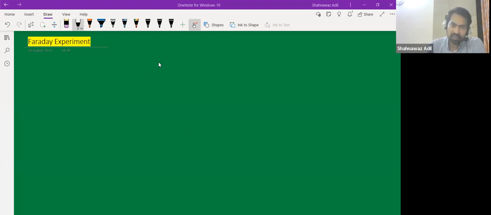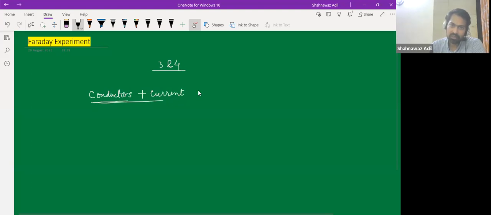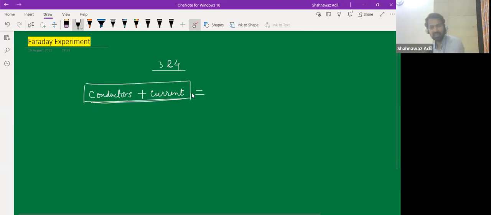So in the third and fourth chapters, what did you learn? We understood that we had some conductors, and then we applied some current in the conductor. What happened when you applied some current in the conductor? What did you get?